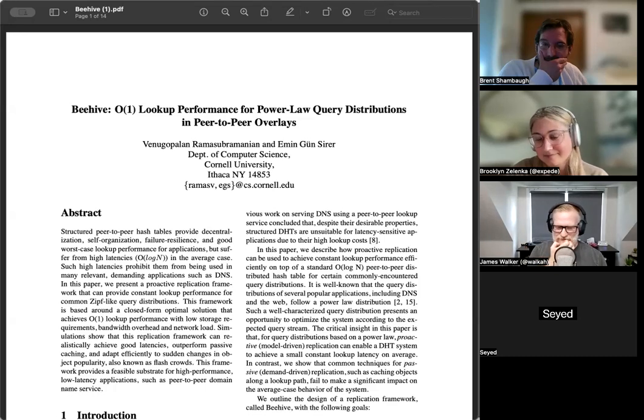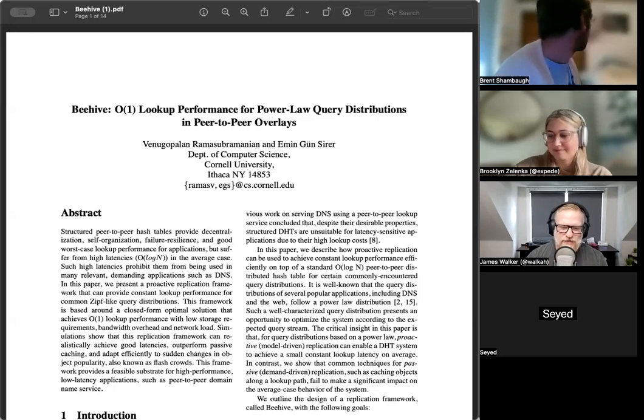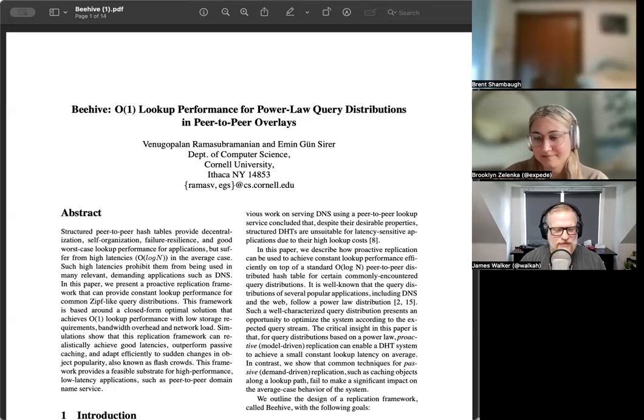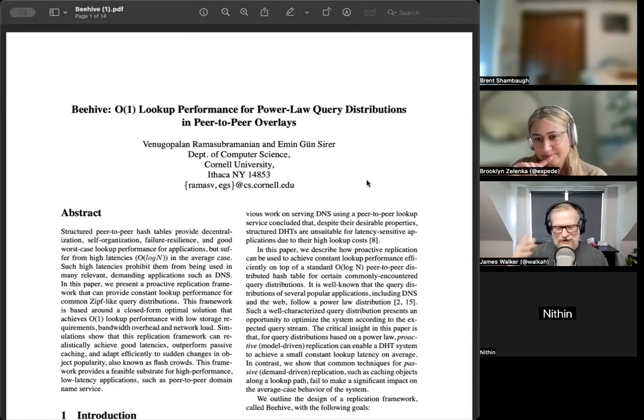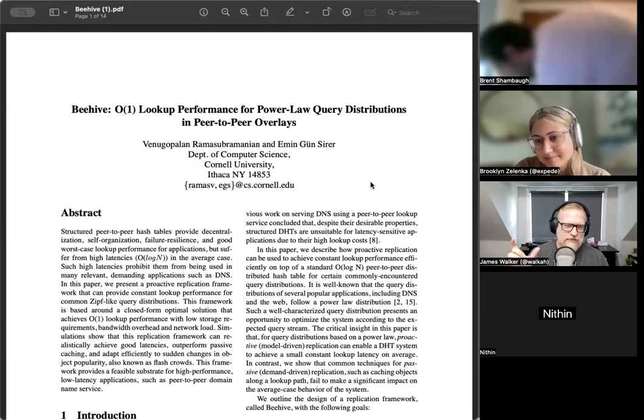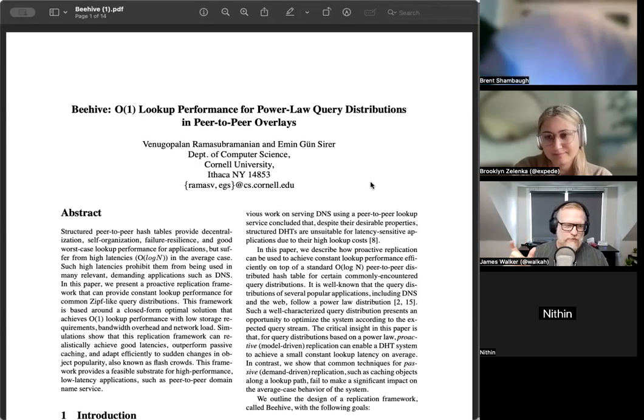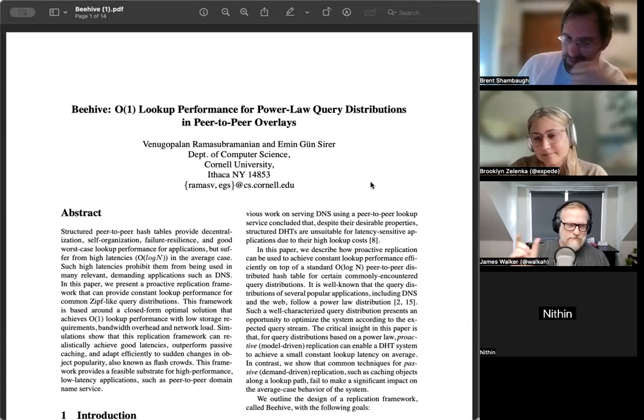So yes, the high level gist is to go from order log n to constant time lookups in DHTs. The method, if I understand it, for doing that is basically to push the most frequently accessed records to closest peers. In a DHT, I only really know Kademlia because of IPFS, but I gather most DHTs work similarly, where you have a prefix, and so your nearest one will be basically your current prefix minus one.